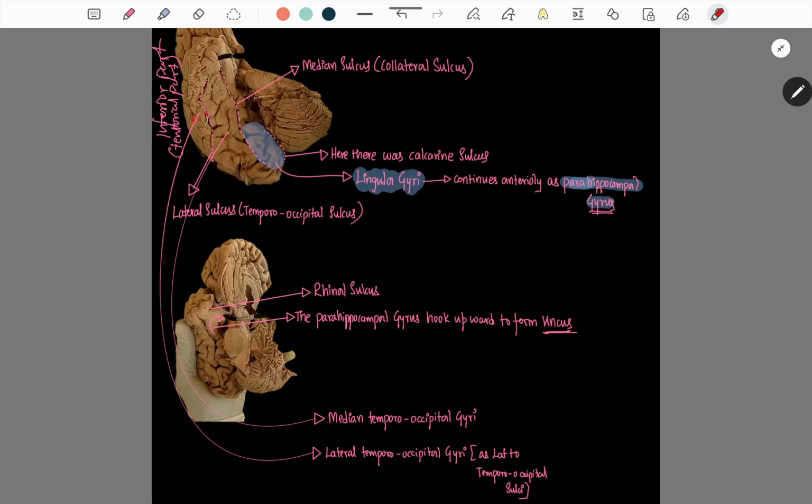Lateral to the lateral or temporo-occipital sulcus is called the lateral temporo-occipital gyrus. Here, between the medial and lateral sulcus is the medial temporo-occipital gyrus. This part is the lateral temporo-occipital gyrus.